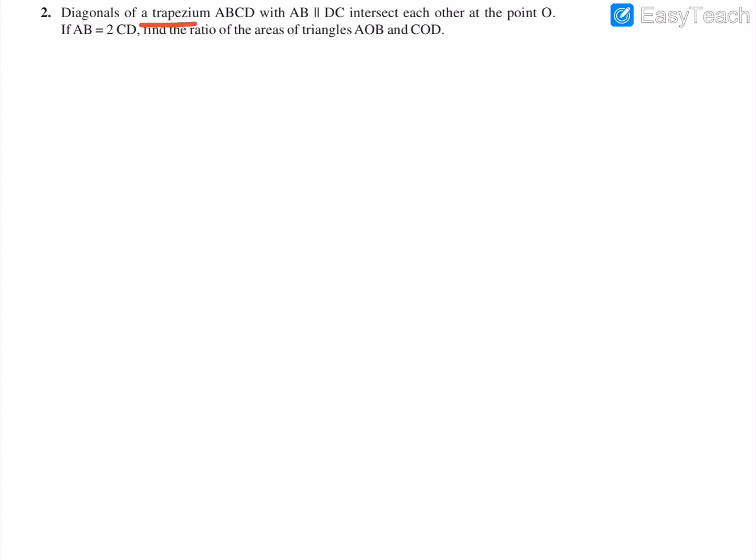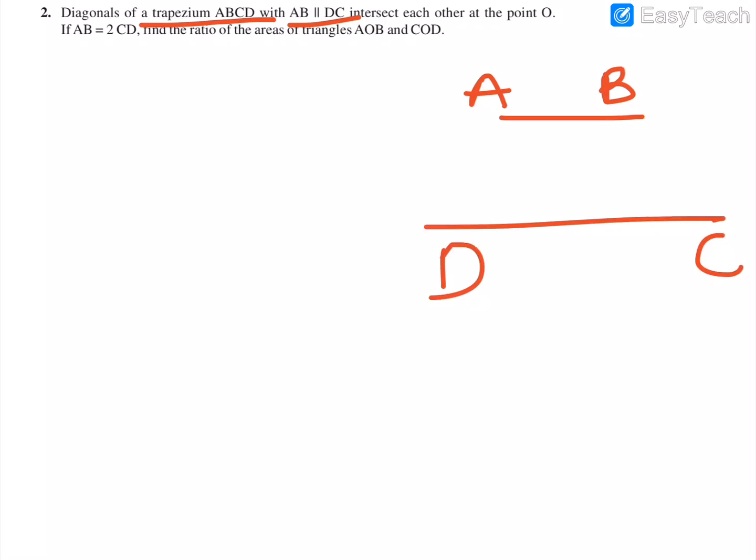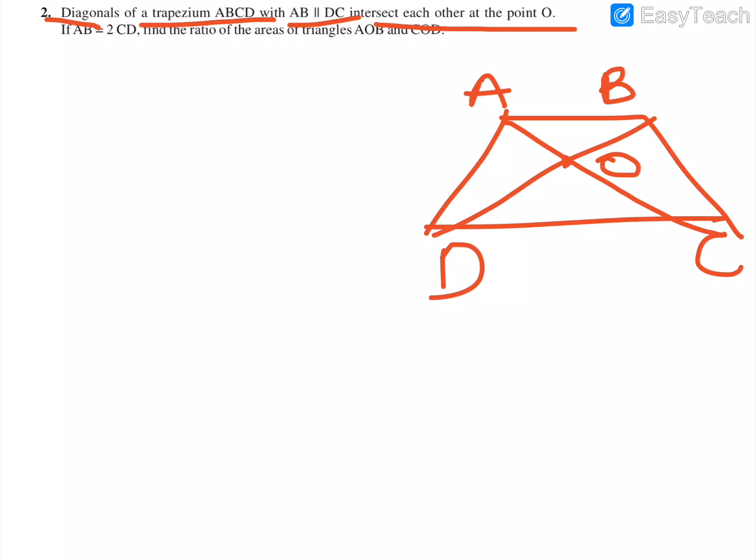We have a trapezium ABCD, and AB is parallel to DC. So let's take this AB, and this is CD, and these two are parallel, and other two lines are not parallel, and the diagonals of this trapezium intersect each other at point O. Now it is given that AB is equal to 2CD.